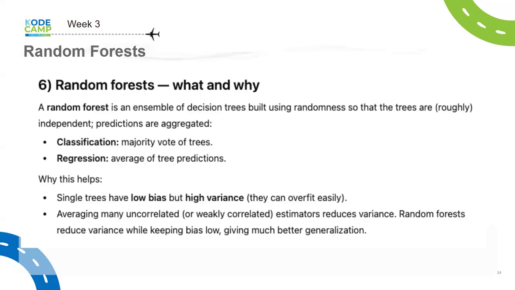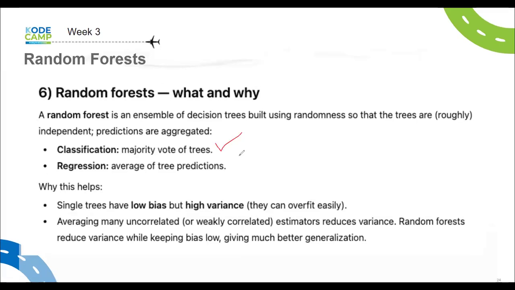The rule for aggregating the predictions is, if you are doing a classification problem, then you take the majority vote. So if you have 10 trees in the random forest, and six of them predicted yes and four of them predicted no, then the aggregate prediction is a yes. You're just taking a simple majority vote. Okay, that's what that means.